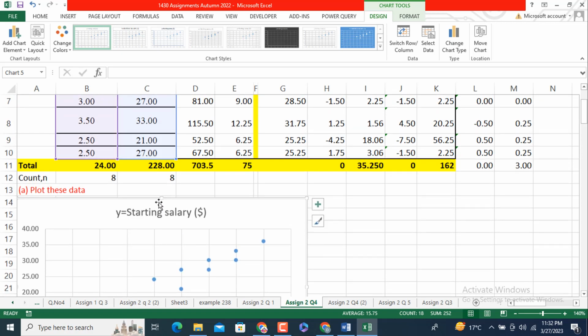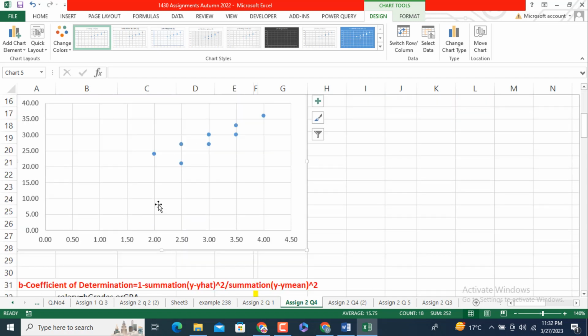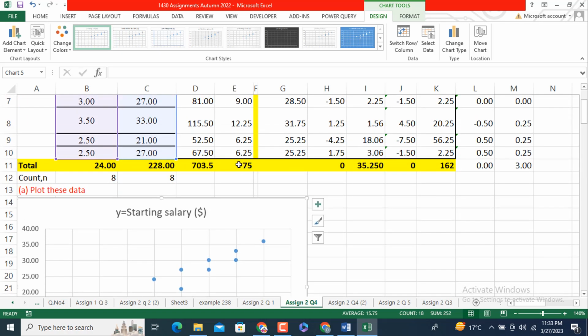Let's suppose our first point is 4, 36. So let's come here. Here is the 4, and 36 is somewhere here. So this point actually has two components, x and y. X is 4 and the y value is 36. So two coordinates, x and y.